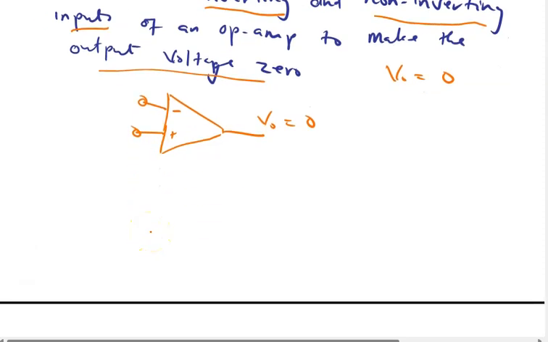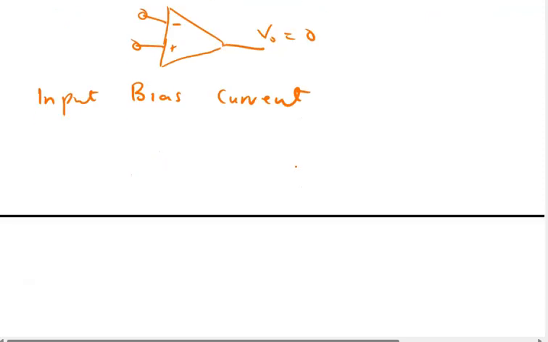Okay. The next thing that we want to talk about is the input bias current. Let me clean it well and write it again. So the input bias current. And what is the input bias current about?